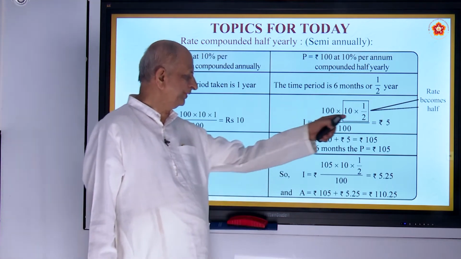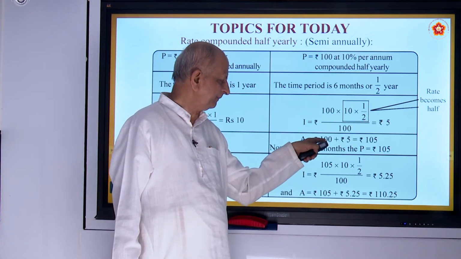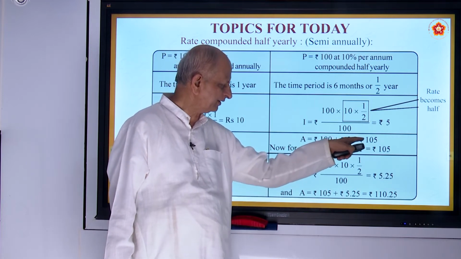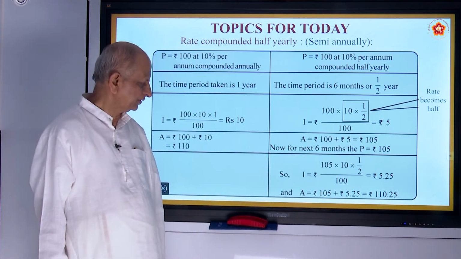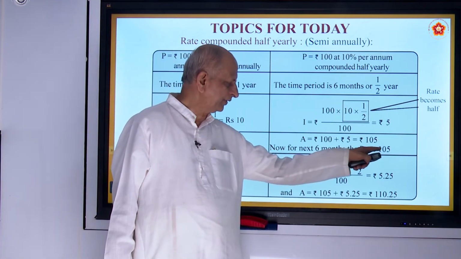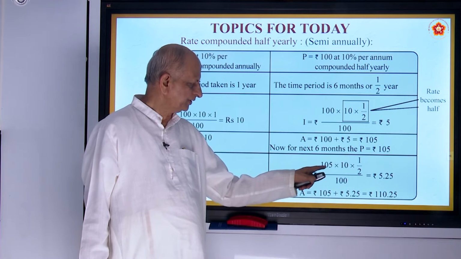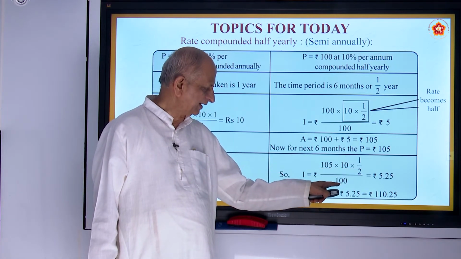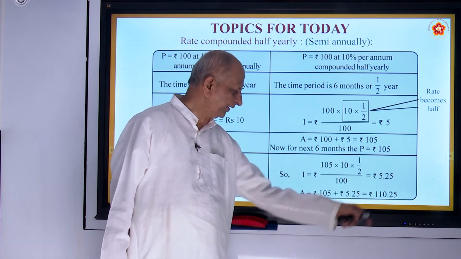That interest is to be added to the principal to make the amount. So 100 is the principal plus interest 5 rupees, 105. For the next 6 months, the principal is 105 rupees into half of 10%, that is 5%, by 100, that will be 5.25.